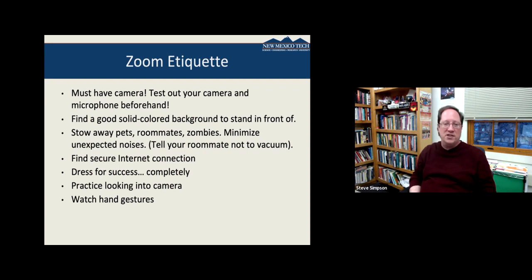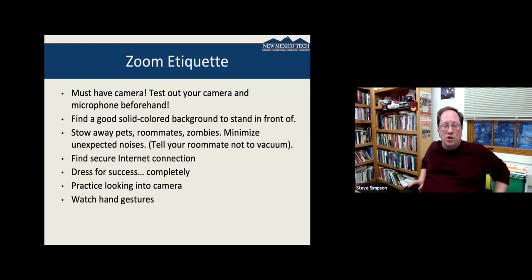I think in a presentation like this, that could get a little distracting to the audience members. So I would encourage you to not have anything. Zoom does have the option where you can blur your background. That might be a good idea. Or just find a good, bright wall.